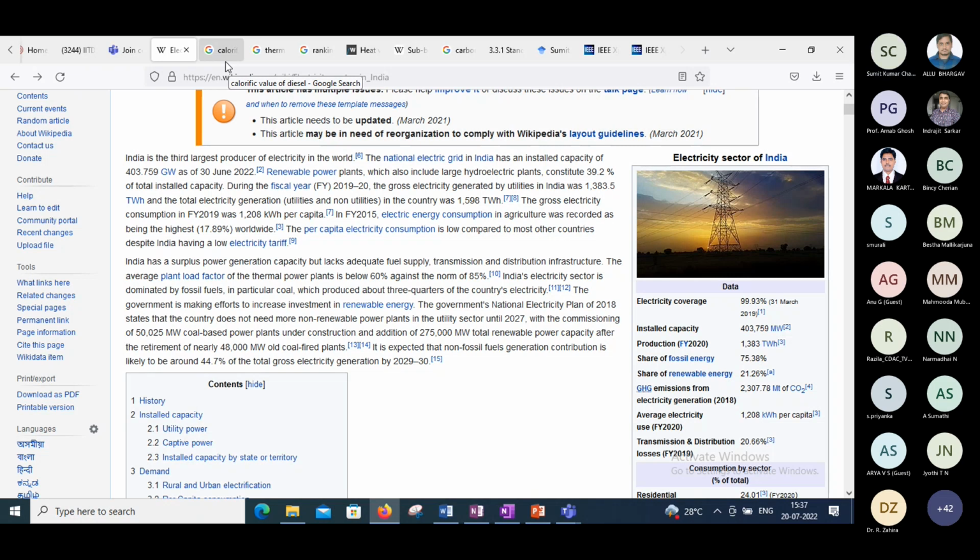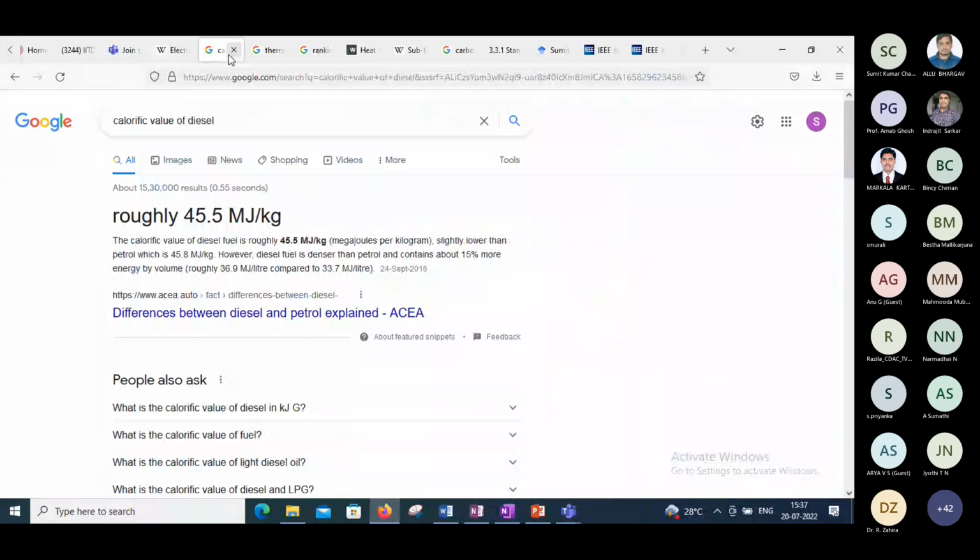Now, with this data, we can say that emission can really be reduced if the fossil-fuel-based power plant is going to be more efficient than the IC engines used in standard vehicles. But unfortunately, that is not the case.